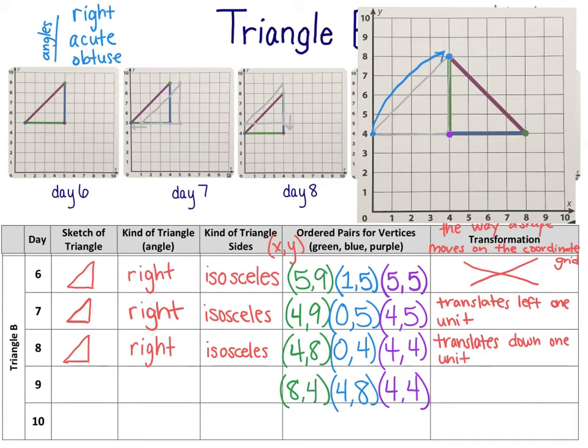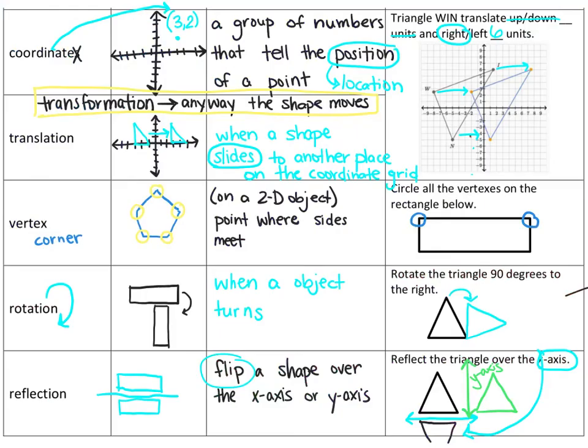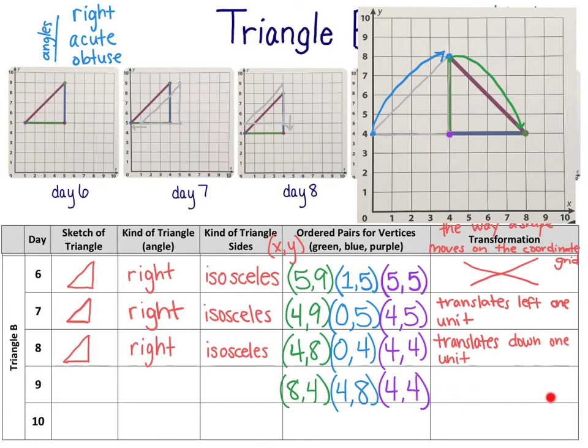Green point went from here to here. So based on our geometry vocabulary, when the shape turns like this, we call that rotation. So in our transformation box, we're going to write the triangle rotates.